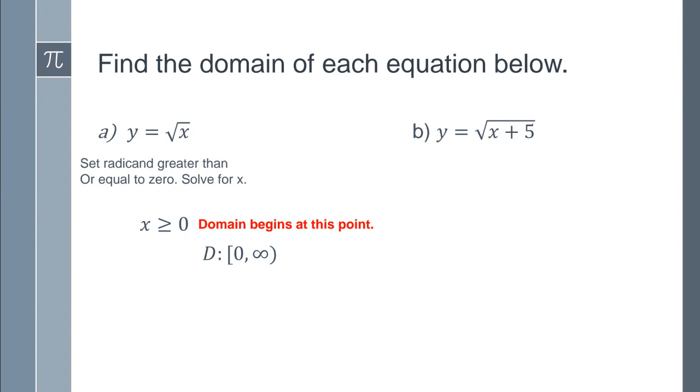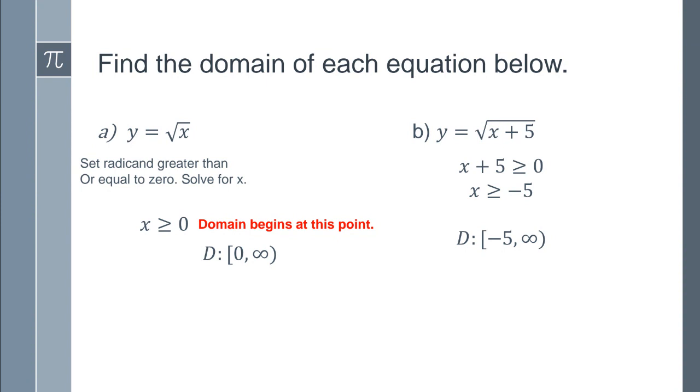So again, if you don't see it, we can solve for x to see when it's greater than or equal to 0, right? So when we do this, we see that x must be greater than or equal to -5, otherwise we will get errors. For example, if I plug in -5, that will give me an answer, right? So I can include -5.